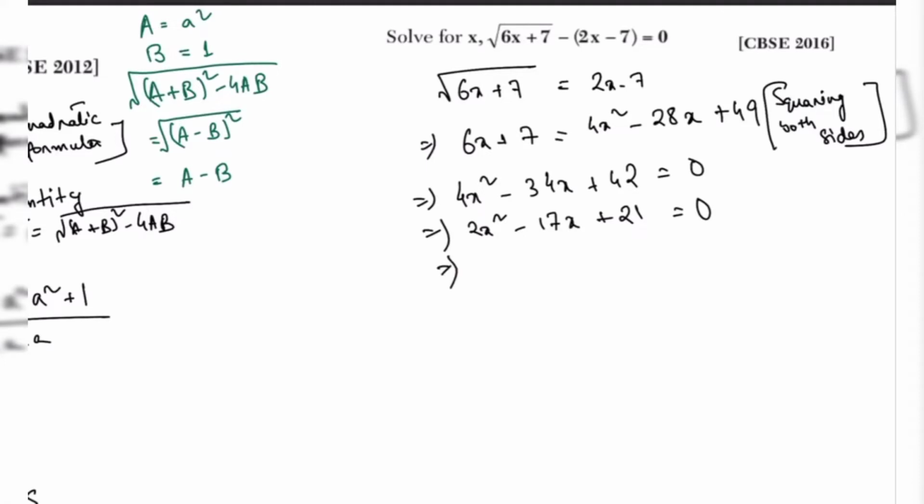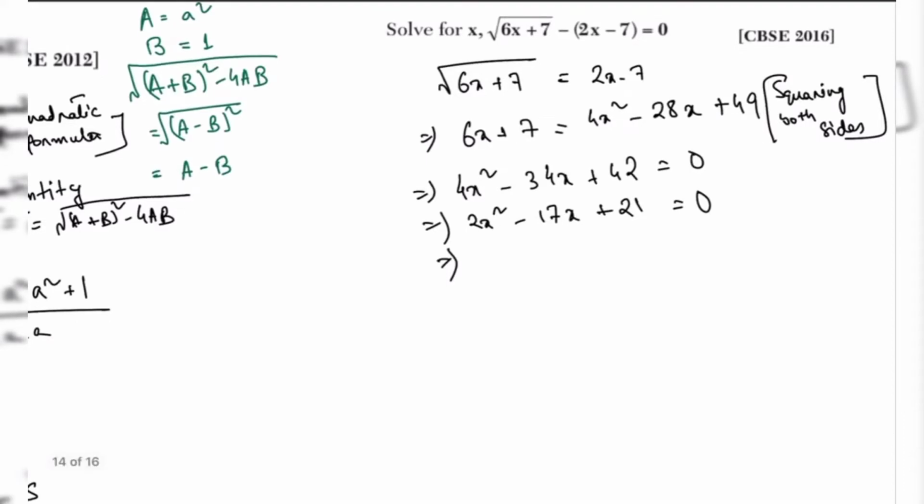Now from here, as I said in my previous video, the trick for factorizing quadratic polynomials, you can find the video from the link given in the description. So we want two numbers whose sum is 17 but whose product is 42. Well, we have it straight away, because 2x square minus 14x minus 3x plus 21 equals 0.